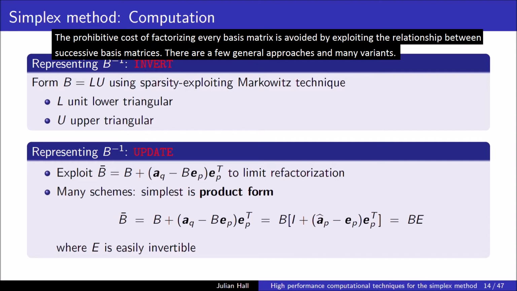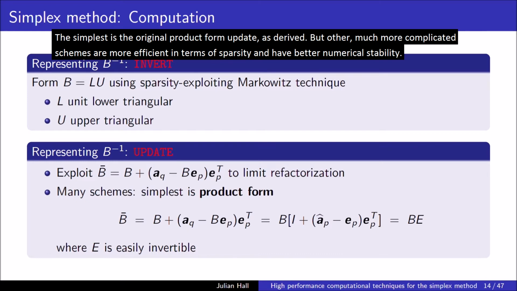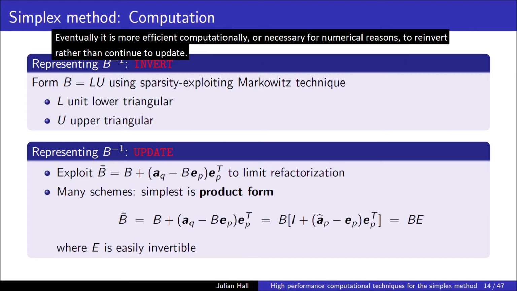There are a few general approaches and many variants. The simplest is the original product form update, as derived, but other, more complicated schemes are more efficient in terms of sparsity and have better numerical stability. Eventually, it is more efficient computationally, or necessary for numerical reasons, to re-invert rather than continue to update.